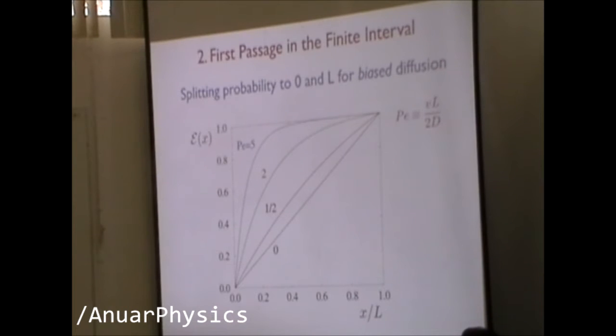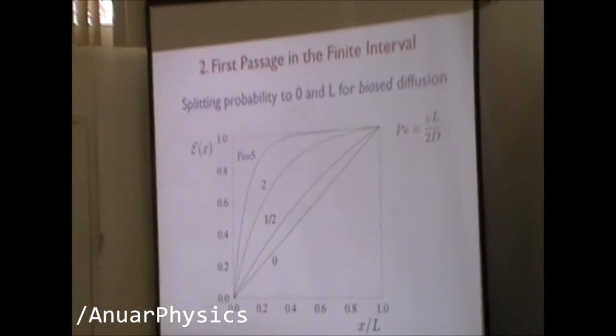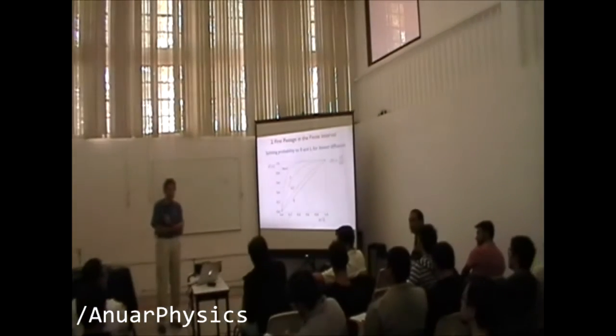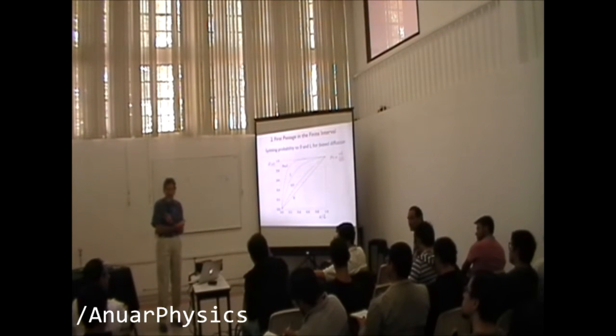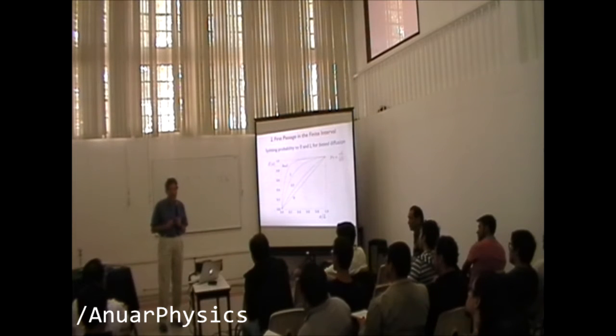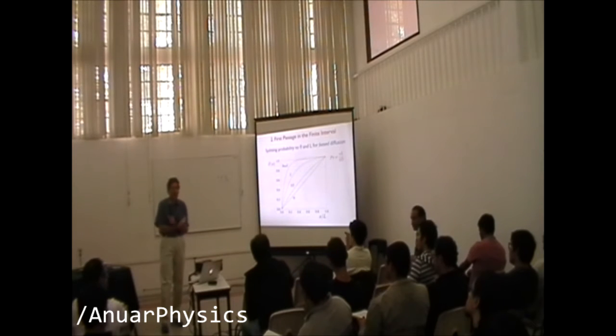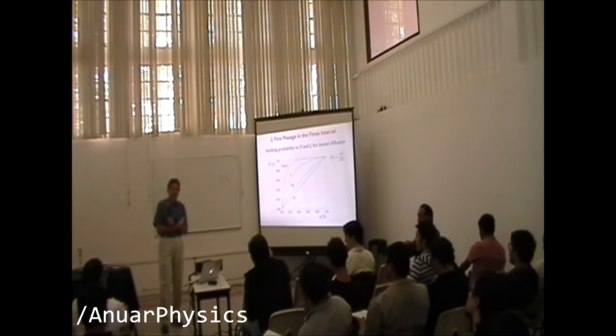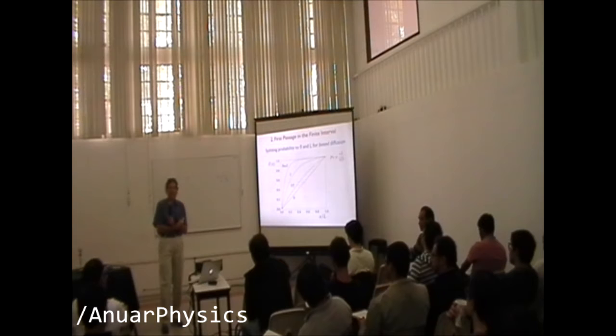Yes? In these problems, all space is available for the walker. Well, here we're only doing this in a finite one-dimensional interval, so the space range is between 0 and L, and that's it. But I was wondering about two dimensions, where the space is a disordered system. Okay.